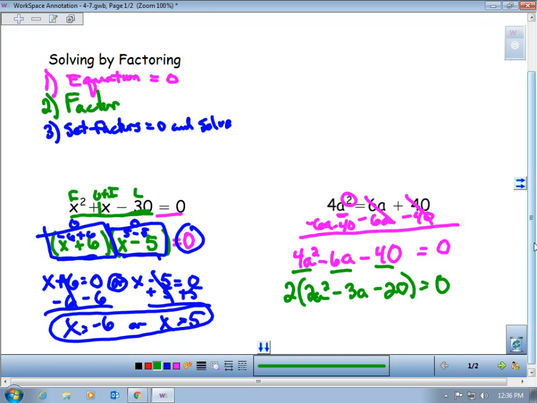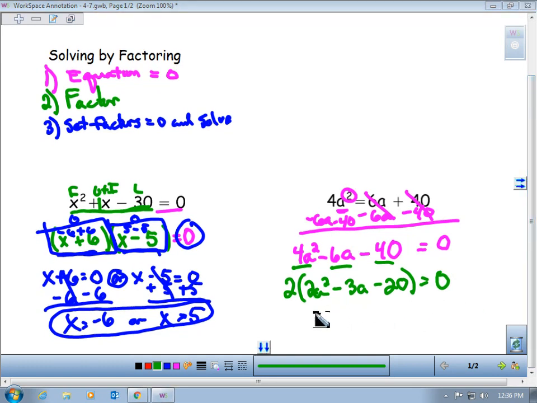And truthfully, you wouldn't necessarily have to do that, but you probably should, because once again, it's going to make this factoring easier, and this is kind of an ugly factor because it's got to be 2a and a. And then I need to think of two things that multiply to be negative 20 go in here. But when I do my O and my I, I got to come up with that negative 3.